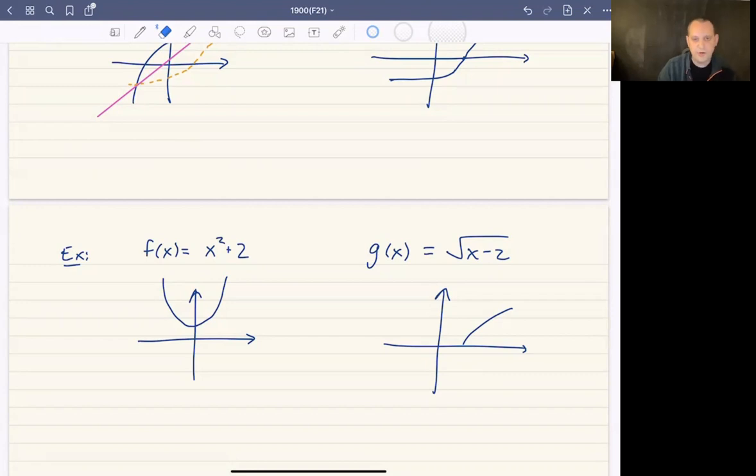And in fact, if you were to what's called restrict the domain, if you were to change the domain, instead of saying I want to consider all real numbers as inputs for this function f, if you were to change that and say I'm going to consider all the non-negative real numbers as inputs for the function f, then you actually do have a function that has an inverse and everything's fine. And so that process is called restricting the domain. And we'll have to do that a few times when we talk about some functions later on in the course.